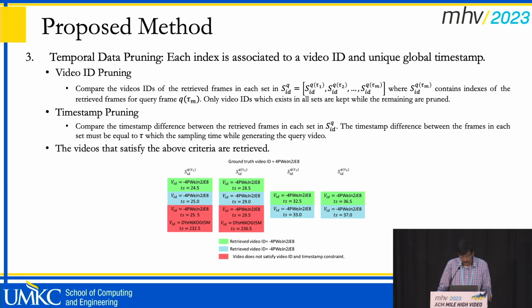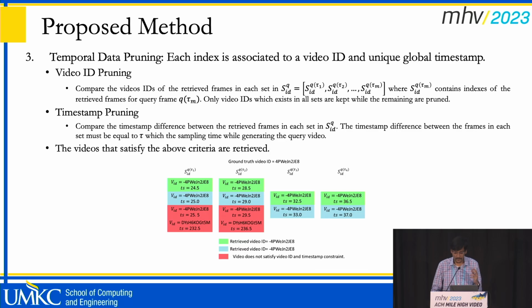The second thing we do is, even after video pruning, we still have false positives in these sets, so we need to prune those as well. For that, we use the global timestamp information. As you know, the repository was built in a way that the frames were extracted at uniform time steps, which we represent as tau.